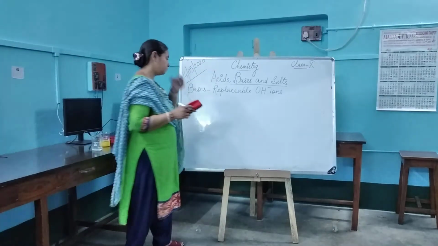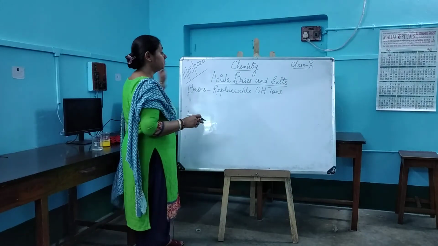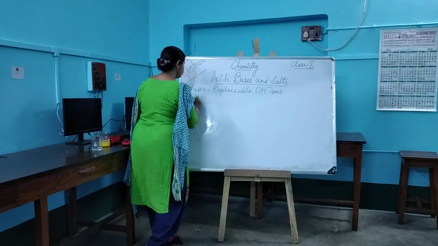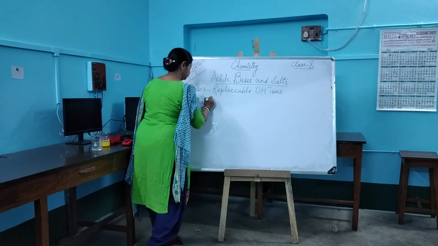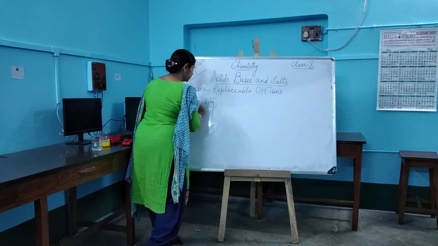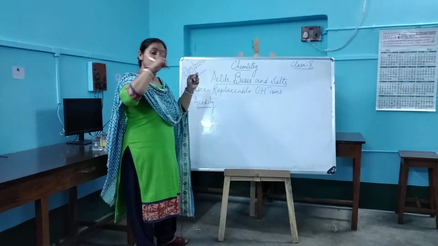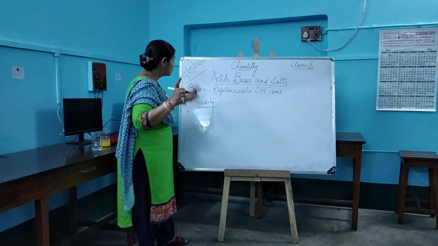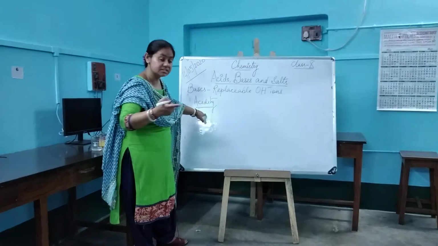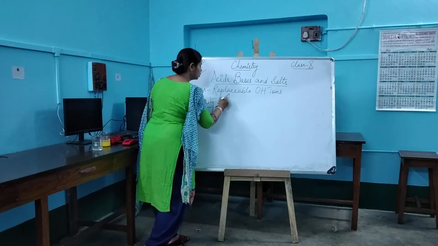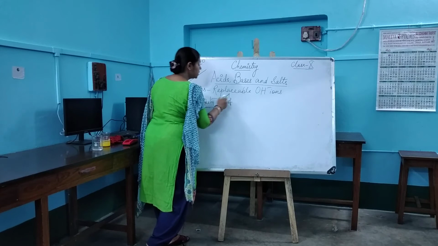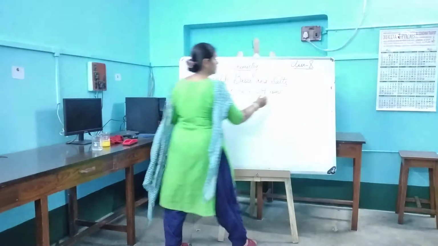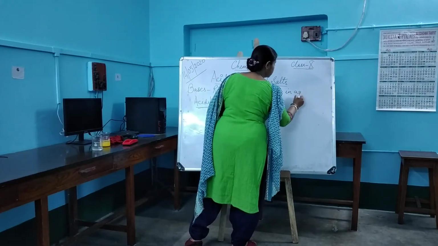Now look very carefully. Since bases have replaceable hydroxyl ions, we will use the term acidity. For acids, we have used the term basicity. For bases, we use the term acidity, which denotes the number of replaceable hydroxyl ions in aqueous medium.